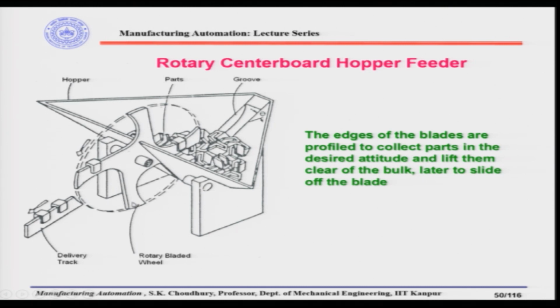Now, the rotary bladed wheel, which you can see here, let us say this is rotating in this direction, and while rotating through the mass of the parts, it will actually pick up the parts, because the parts are of the U type and they will be picked up by the blades, and let us say in this position where one part has been picked up, and if it is rotating in this direction, that means the part will be coming from here to here, and while it is here, the part will be sliding down this, and when it is aligned to this delivery track, the part will be coming through the delivery track.